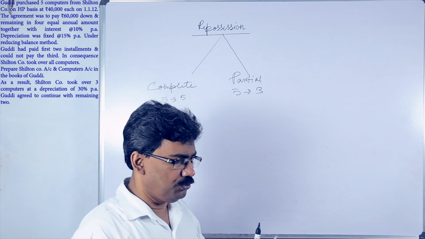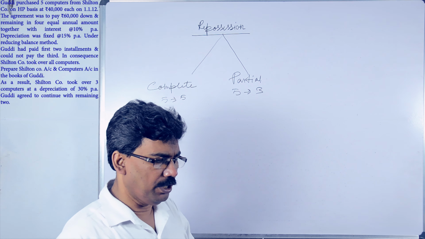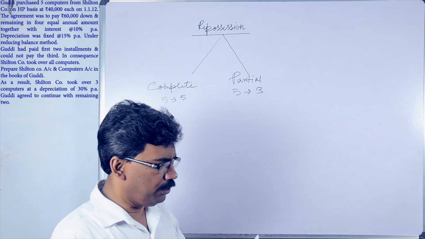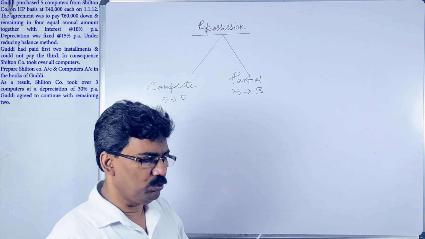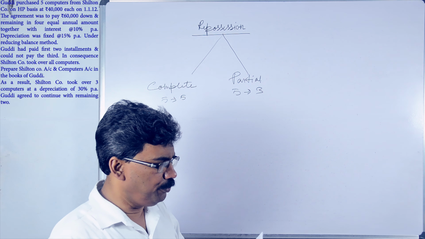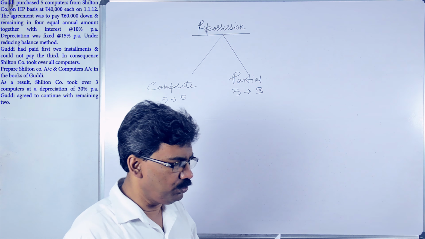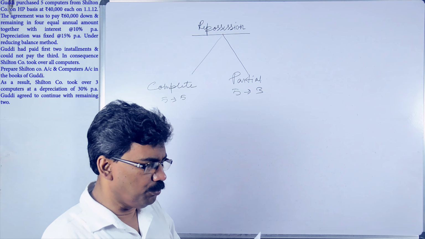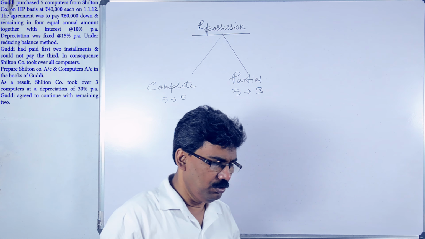Gooddeep purchased 5 computers from Shilton Company on hire purchase basis at rupees 40,000 each on 1/1/2012. The agreement was to pay rupees 60,000 down and the remaining in 4 equal annual amounts together with interest at the rate of 10% per annum.